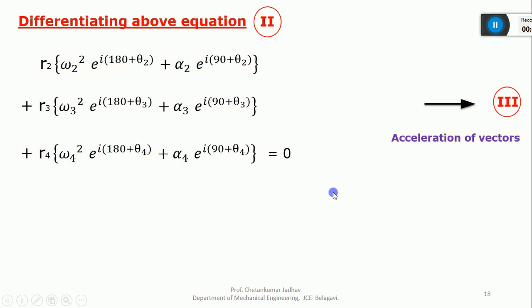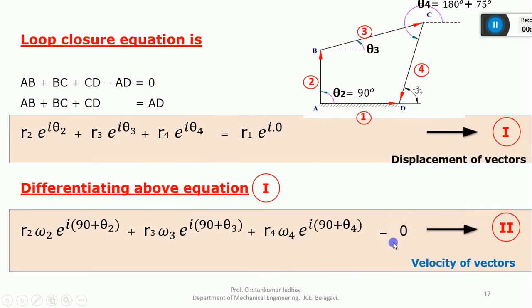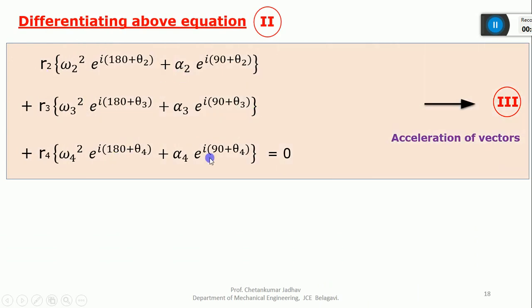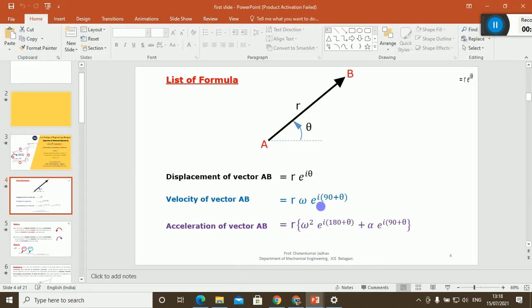Already in equation 2, this part is 0. When you differentiate, again you'll get 0. When you differentiate this one, you'll get one answer, second answer, third answer. So I have written the same thing, first, second, third, using that third formula. So directly I have written. Okay, please make a note.